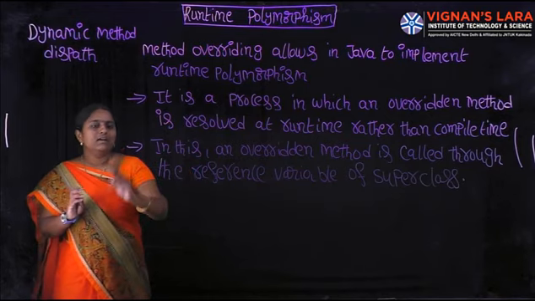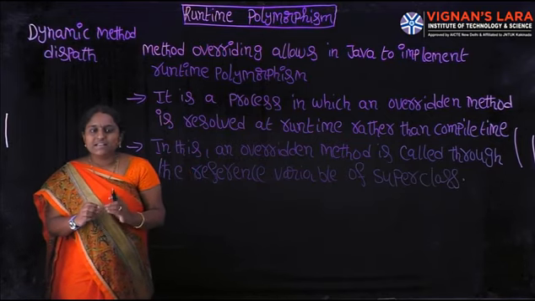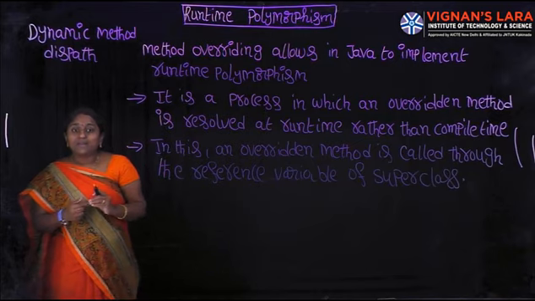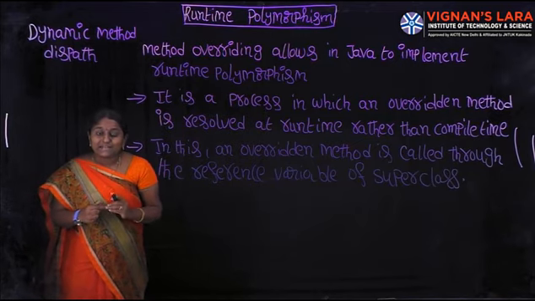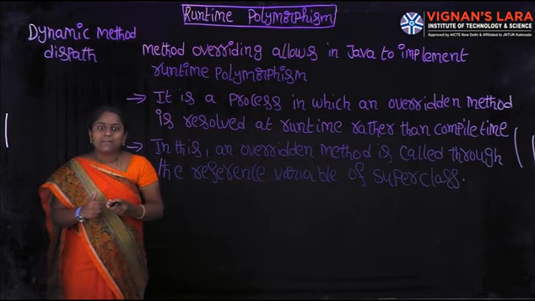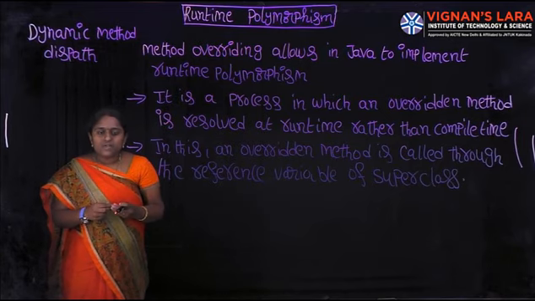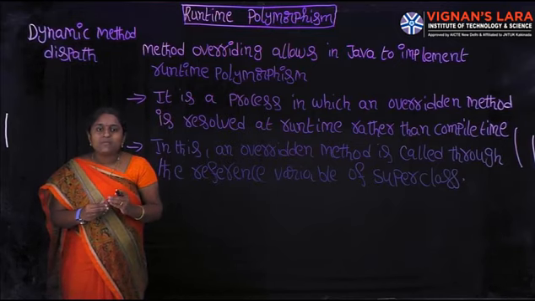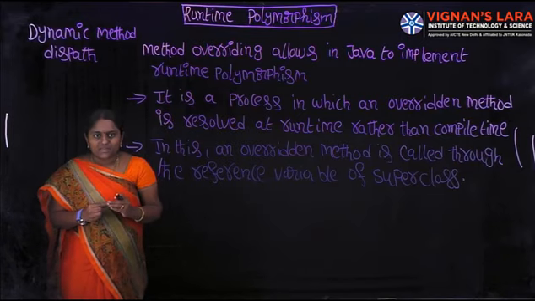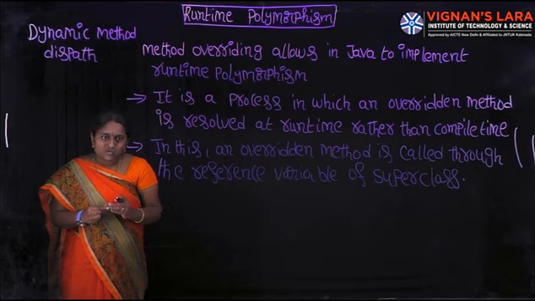So runtime polymorphism is a process in which an overridden method is resolved at runtime rather than compile time. Suppose we create a reference variable of superclass. At the time of compilation, the compiler always concentrates on the reference type. Here the reference type is superclass, so the compiler will check the superclass method.